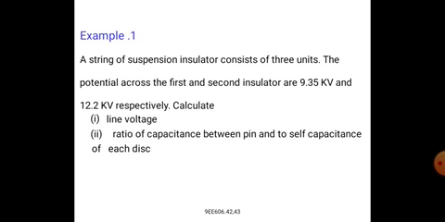Here the line voltage is 33 kV, so we have to convert to the phase voltage, VL by root 3. The mutual capacitance is 9 times the shunt capacitance, so K is equal to 1 by 9. We have to calculate the voltage across each insulator, that is E1, E2, E3.